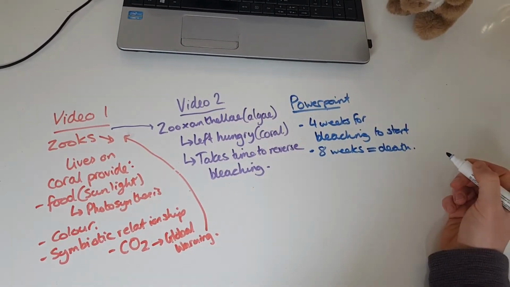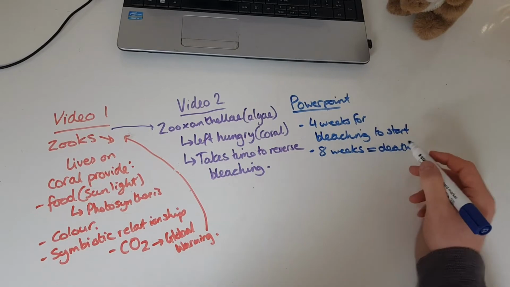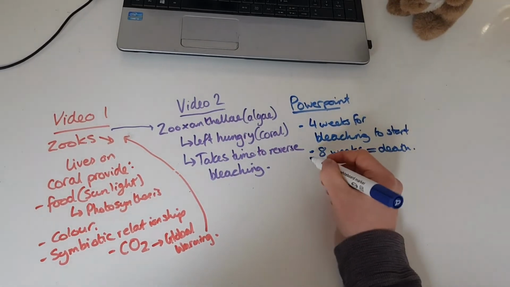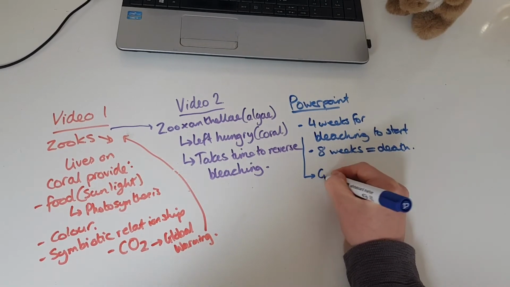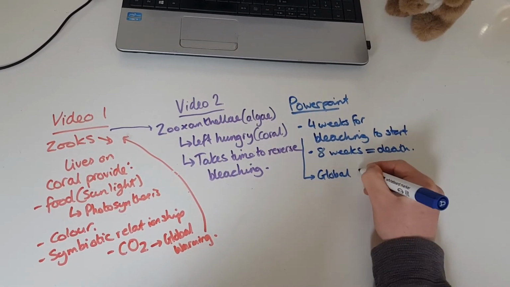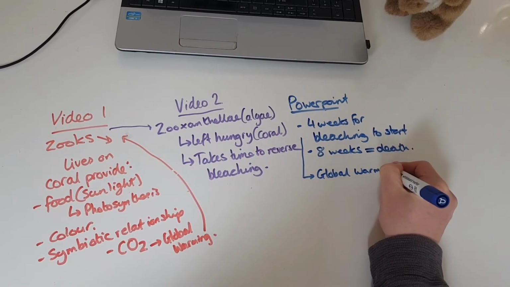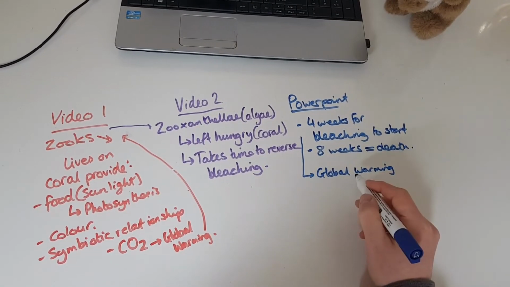A bit upsetting that really, isn't it? It only takes 2 months really for coral to die. Again, what they were saying in there as well, that the cause of it is global warming, too much sunlight, a rise in temperature. So that's something else that we learned that confirms what we learned over here as well.